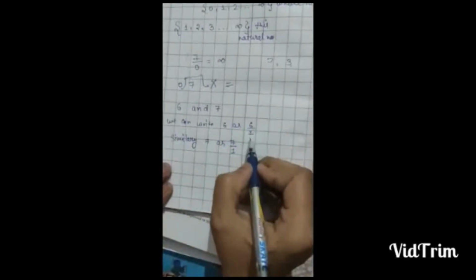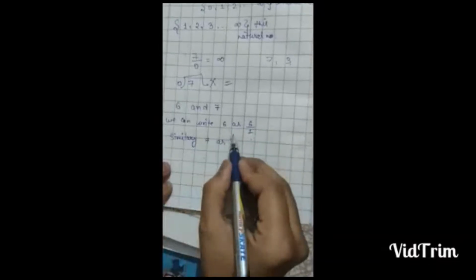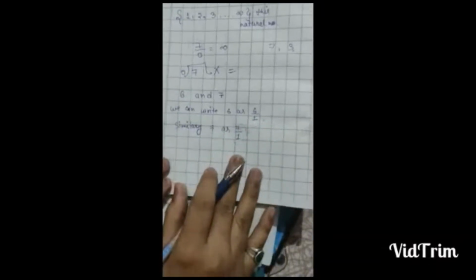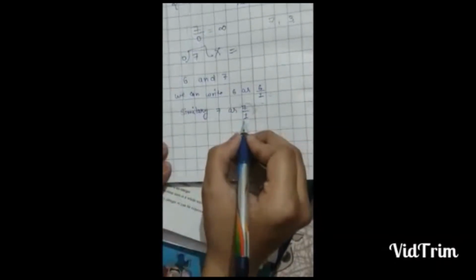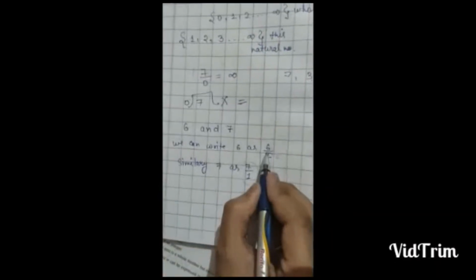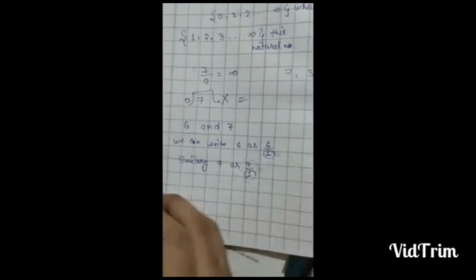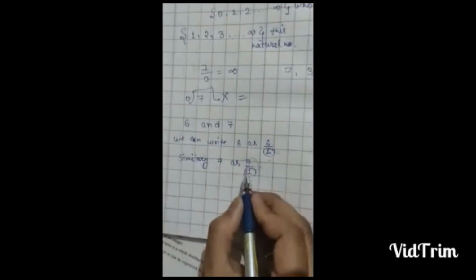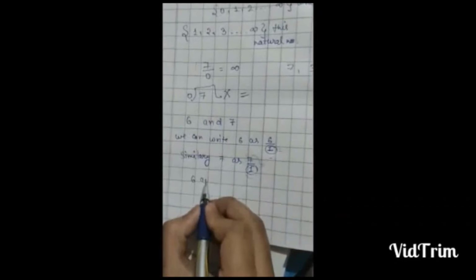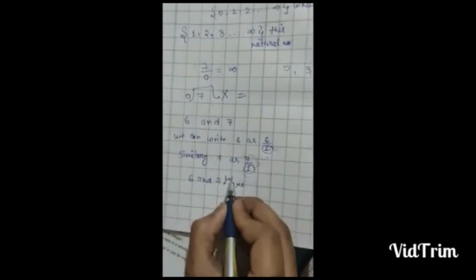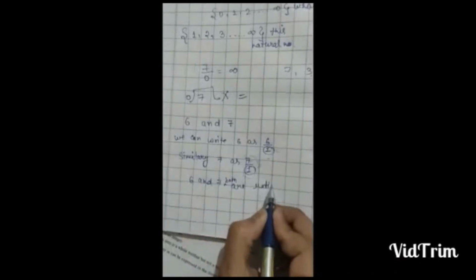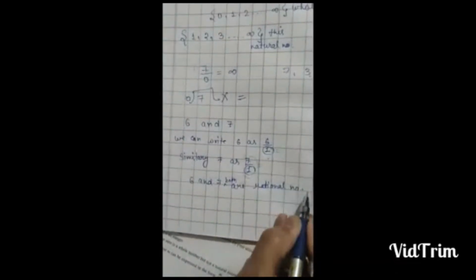We can write 6 in 6 upon 1 form and 7 in 7 upon 1 form. So both have denominator 1. It means 1 not equals to 0. So 6 and 7 are both rational numbers. Got it?